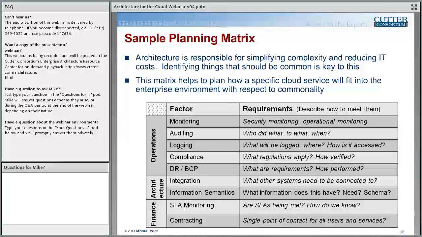Maybe we need to integrate it into our SOA environment or our business process environment. Certainly we're going to need to do information integration, so we want to know what that means and what's going to be involved. And in terms of financials, we want some way to monitor our contract with the software service provider, and make sure that it's being met, and that we know that it's being met.